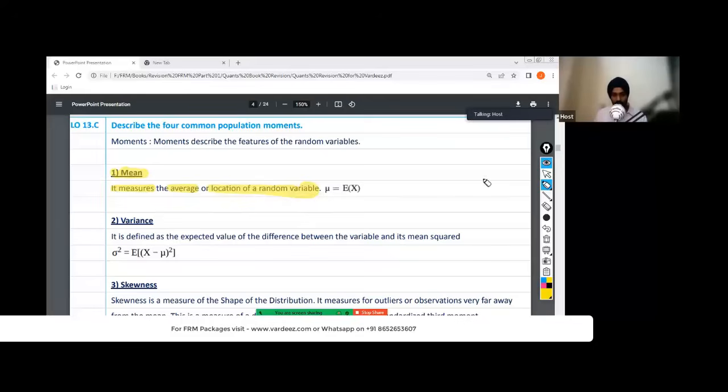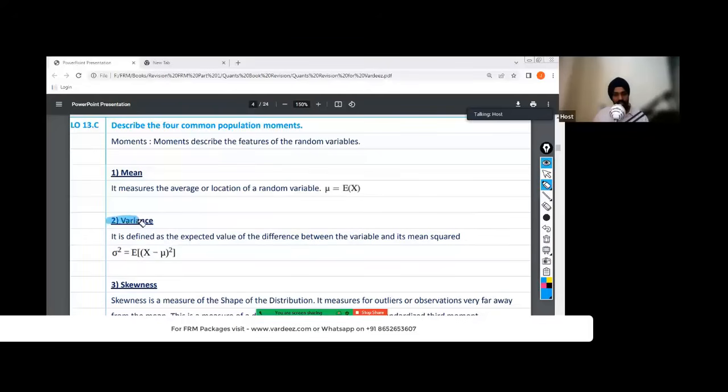Symbolically, this is how it looks: mu is equal to the expected value of x, or the expectation of the random variable x. How do you get the expected value of x? Probability multiplied by outcome plus probability multiplied by outcome, add it up, that's the expected value of x. So that is my mean basically, and that's the first moment.